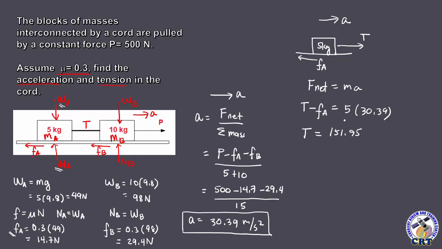Transpose FA, so this is positive FA, while FA is already available and equivalent to 14.7. Solving for the operation, we have 166.65 newtons.